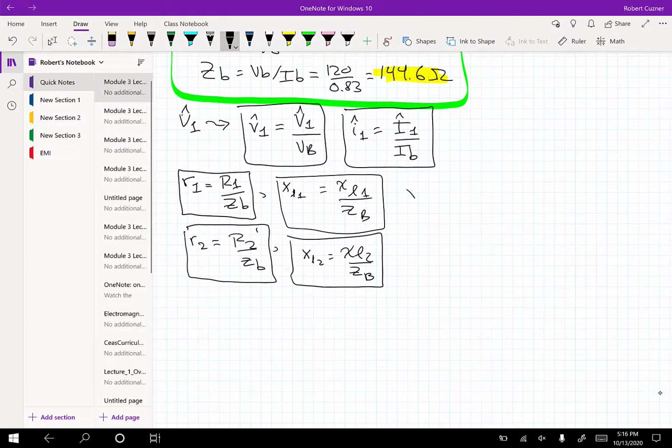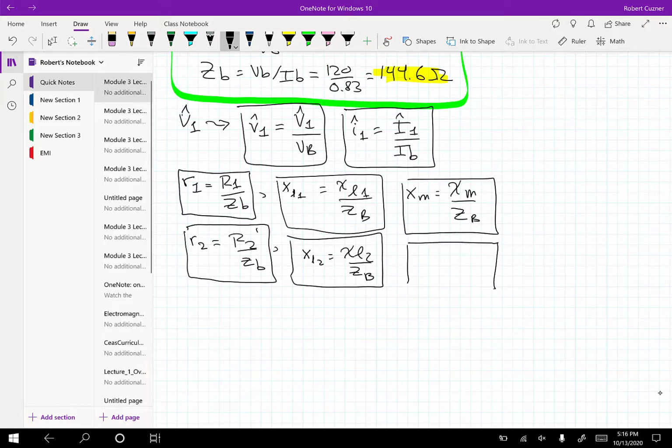The XM base, or the per unit XM, per unit RC.